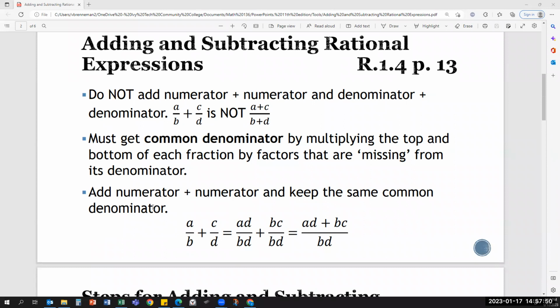You multiply the top and bottom by whatever factors are missing from that fraction's denominator that are in the other fraction's denominator. Once you have the same denominator on each, then you can add the numerator plus the numerator, but the denominator doesn't get added. It just is the denominator that's on both fractions.